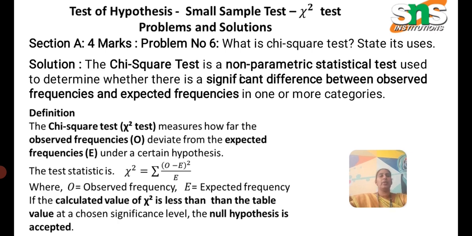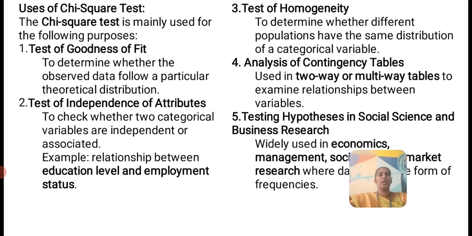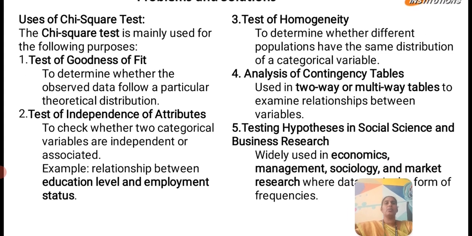And these frequencies we have to calculate using the table, and the null hypothesis is accepted. The Chi-square is mainly used to test the small sample test, and especially it is a test of goodness of fit.